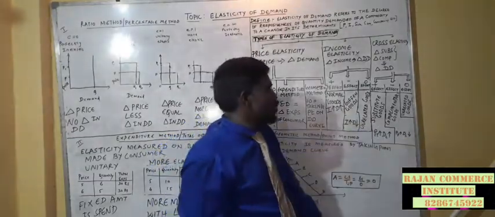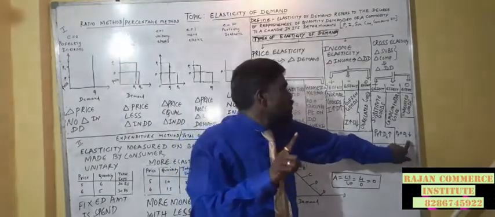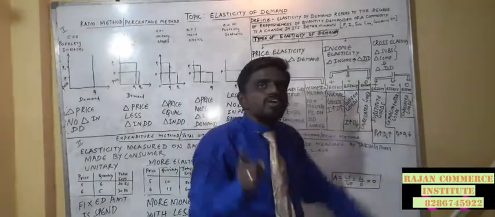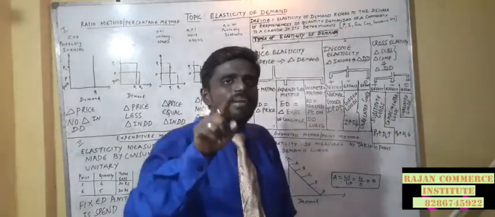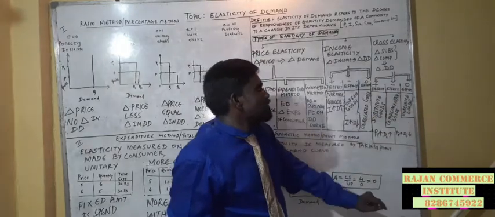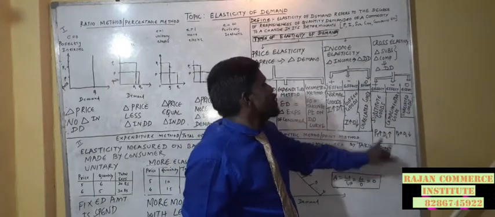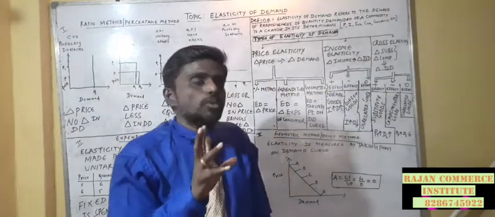Now complementary goods: the price of petrol is increasing, so the consumer will have less demand for cars. This is what complementary goods are. So complementary goods show the negative effect of cross elasticity, and substitute goods show the positive effect. This may come in MCQ.